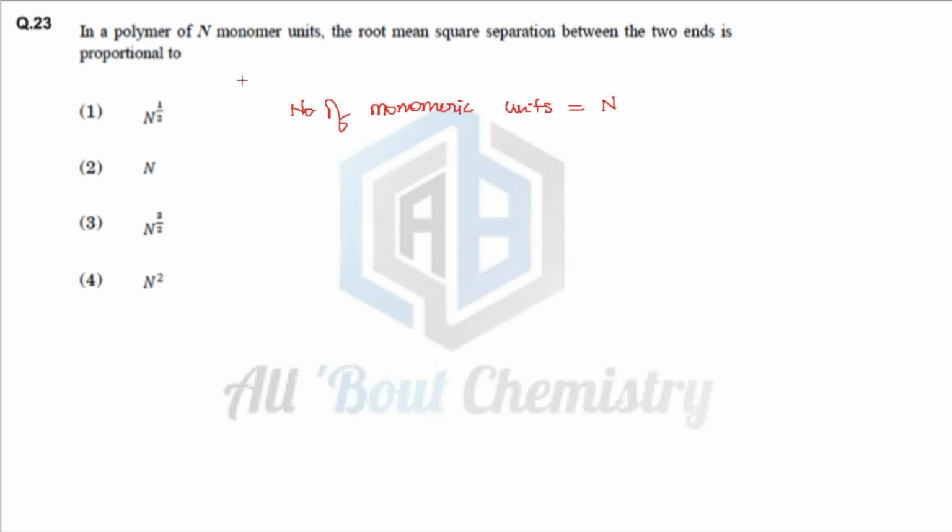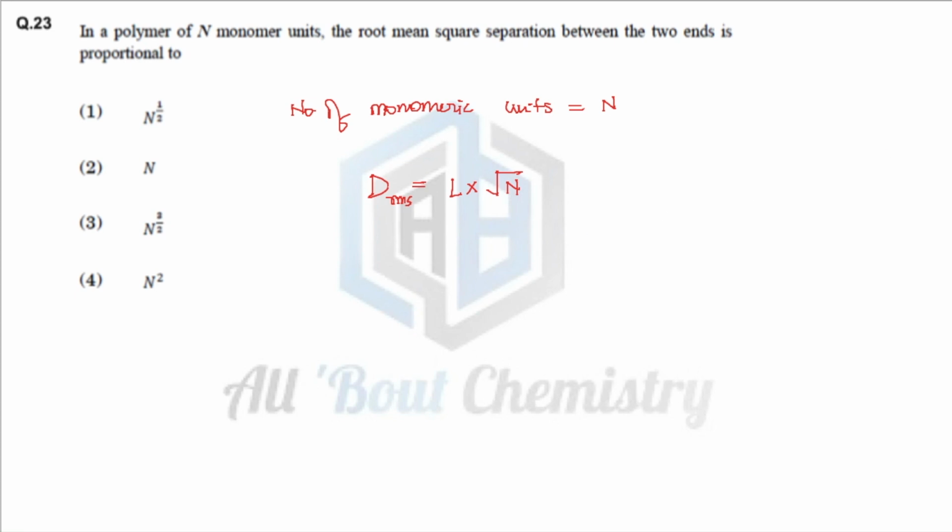To answer this, there is a direct formula. The root mean square separation, or DRMS, that is root mean square distance, equals L into under root N.